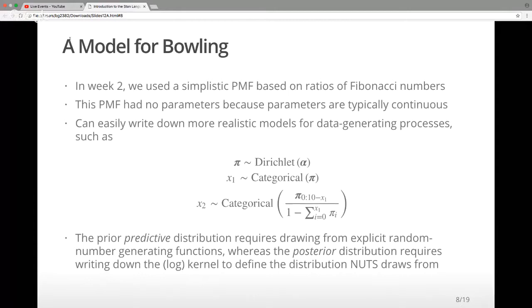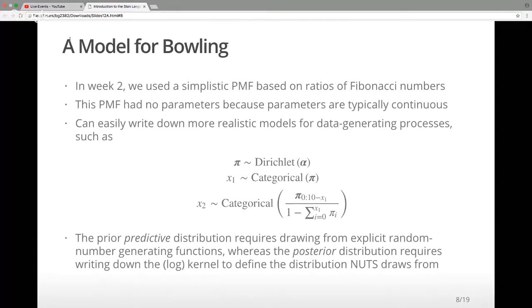Now you're drawing from the posterior distribution, and drawing from a posterior distribution requires that you first write down the kernel of Bayes' rule in log units, and that defines the distribution that doesn't really have a name that Stan is going to be drawing from with the NUTS algorithm.